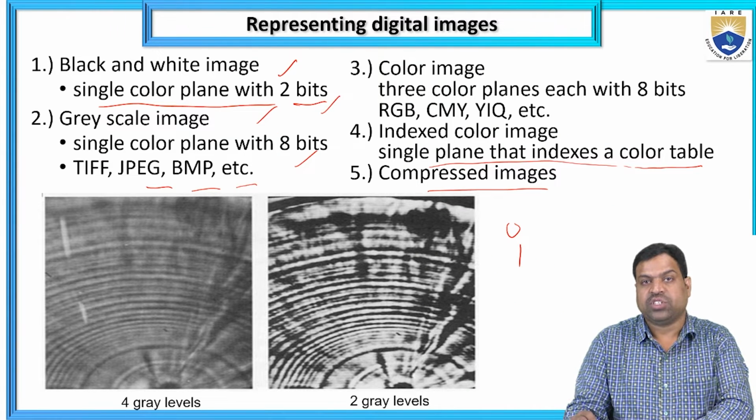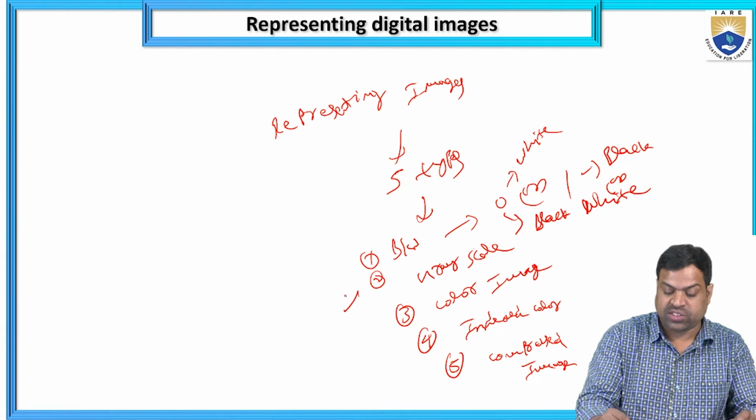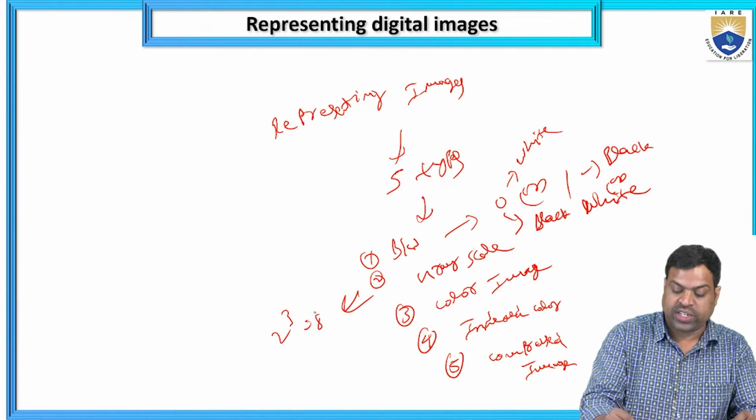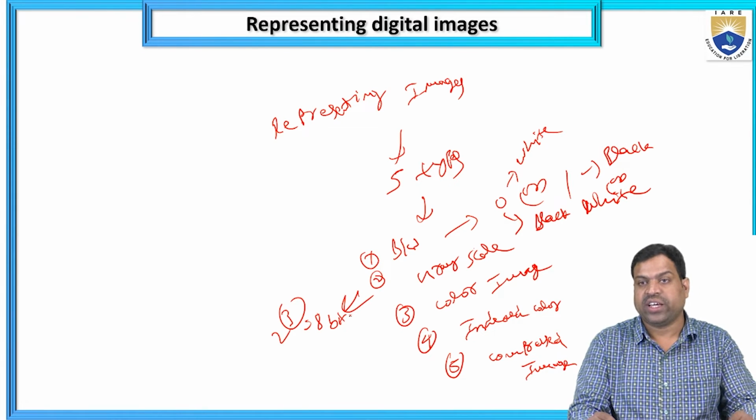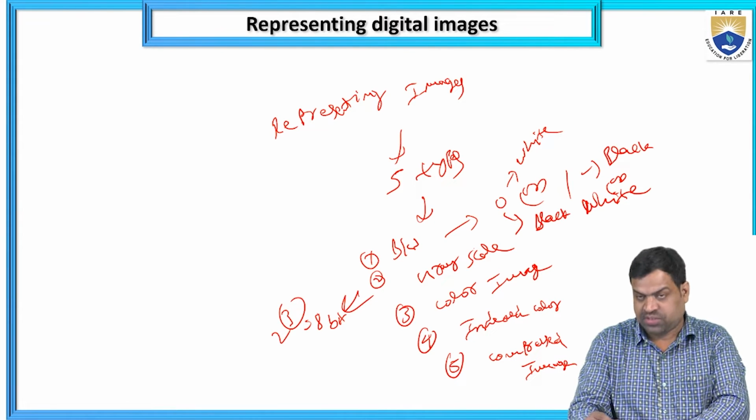Second one, grayscale image. Grayscale means a JPG form or BMP form. It is 8-bit data, 8-bit meaning 2 cubed equals 8. In grayscale I am giving some intensity values to the original image pixels.